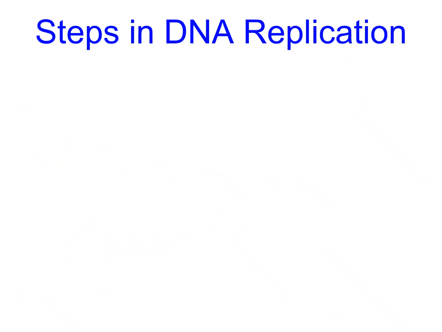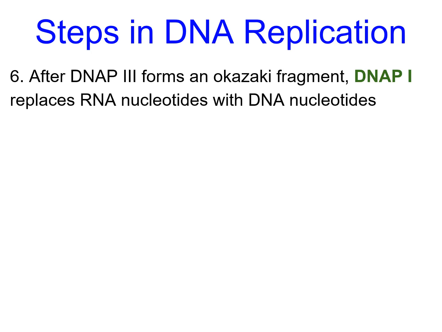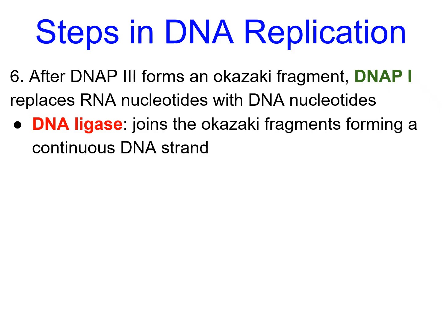All right. So, what happens next? We have another Bob the Builder, and remember, Bob the Builder is DNA polymerase. After the DNA polymerase 3 forms these Okazaki fragments, there's another polymerase called DNA polymerase 1, and DNA polymerase 1 plays a very crucial role because remember we talked about RNA nucleotides that make up our primers.